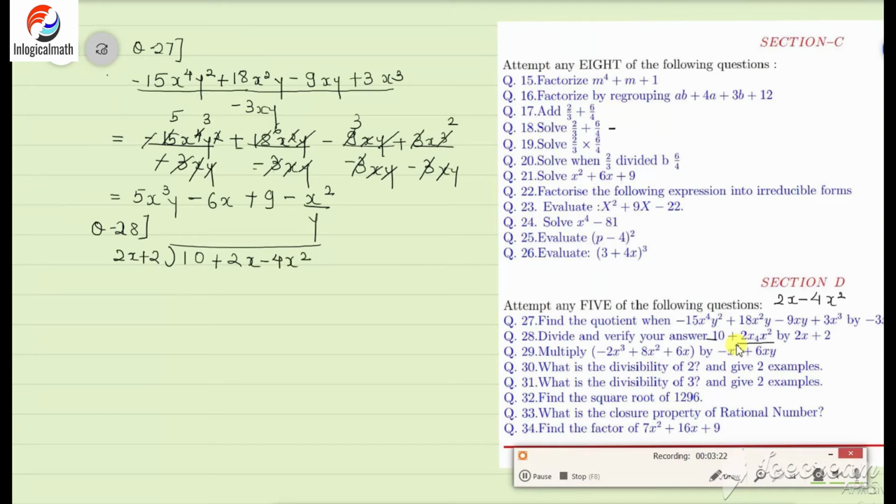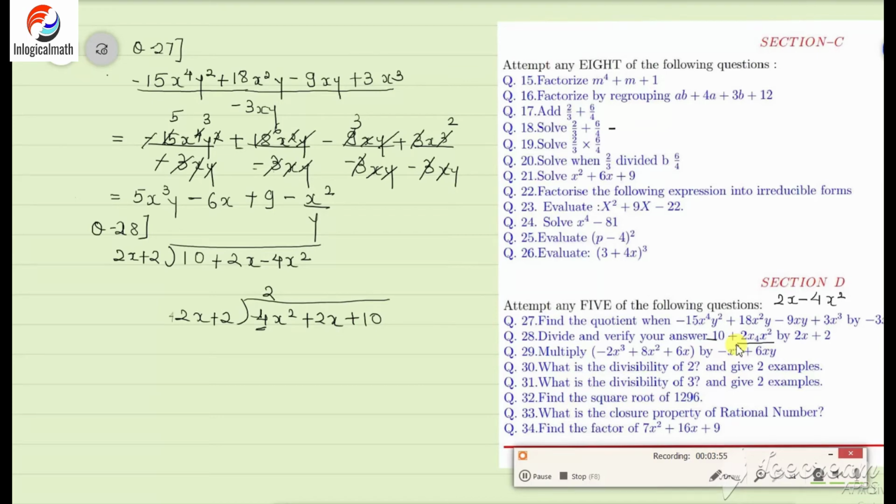For dividing, see, write this in decreasing power of the variable. So we write this as minus 4x square plus 2x plus 10. Okay, we multiply this 2x because we want negative 4. So multiply 2x with 2, what we want is negative 4.